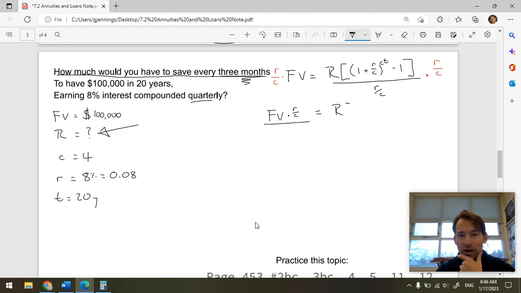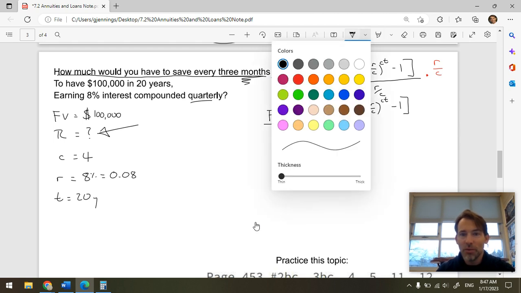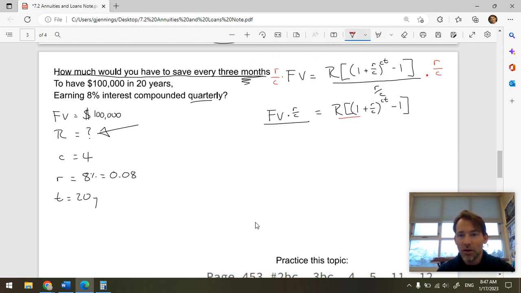This is going to be equal to the payment times 1 plus r over c and the brackets to the ct, minus 1. Okay, we just want to solve this for the payment. So we only have one more inverse operation to do. We're going to divide by that great big bracket, 1 plus r over c to the ct, minus 1. Okay, divide by that on both sides.